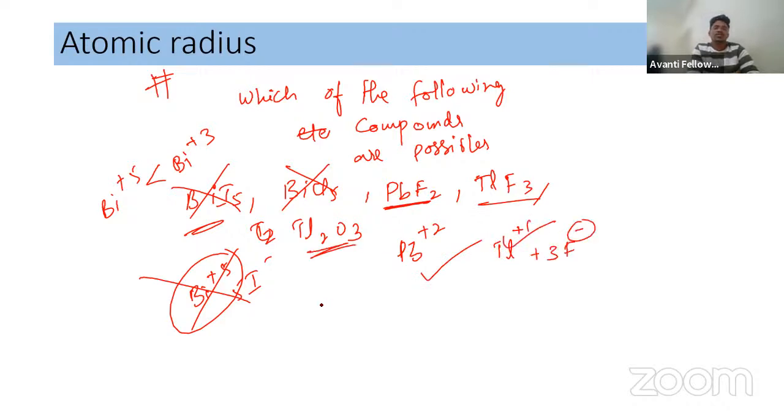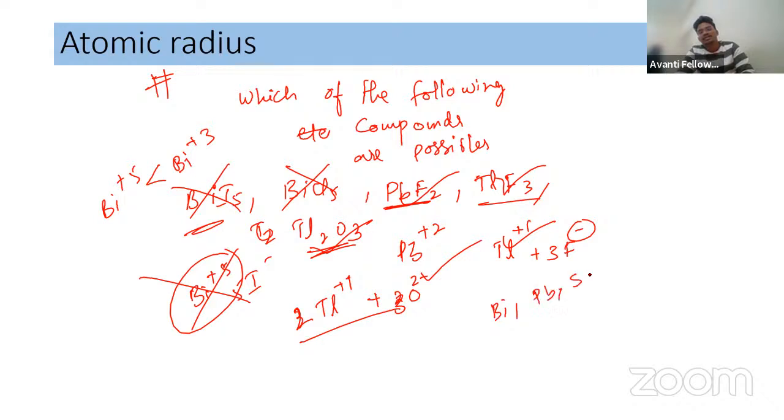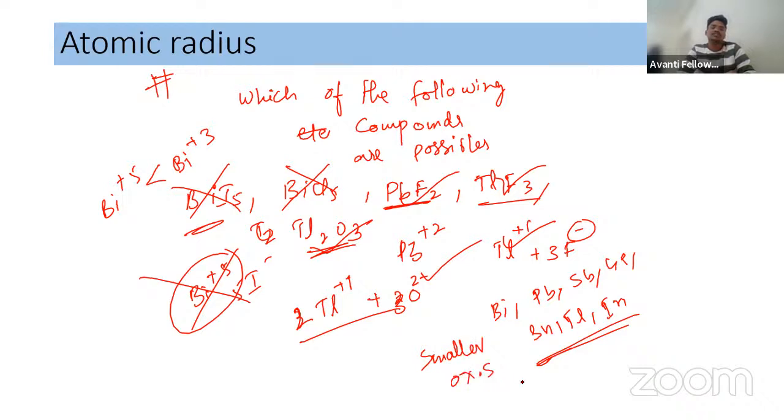And Tl2O3 means Tl +1 and Tl +3 with O2 minus, so this also exists. So these 3 compounds exist, and these 2 will not exist. Very simple thing that should be in your mind: whenever you are given heavy elements like bismuth, lead, tin, germanium, thallium, indium, the smaller oxidation state is stable.